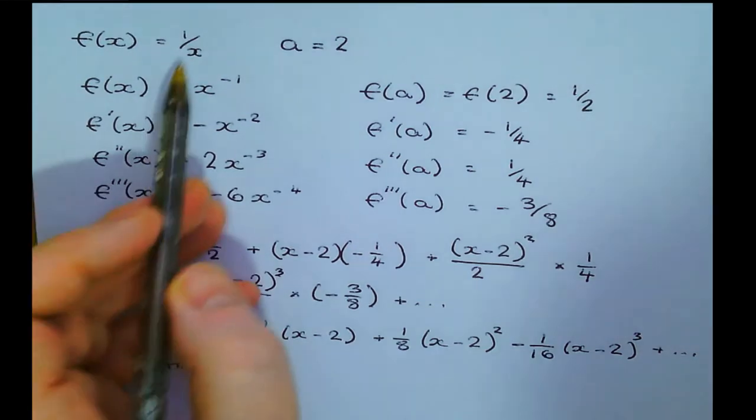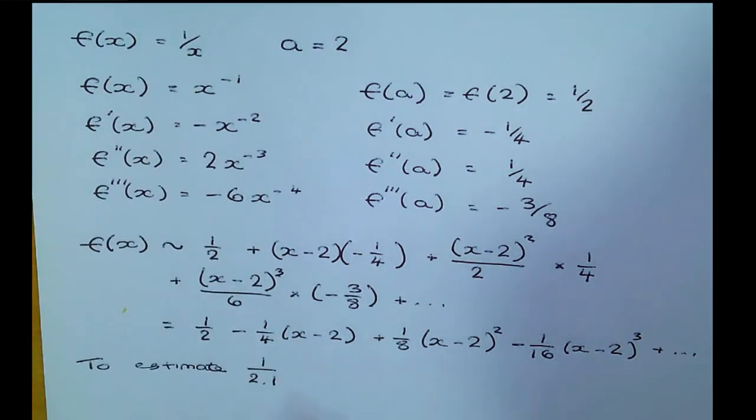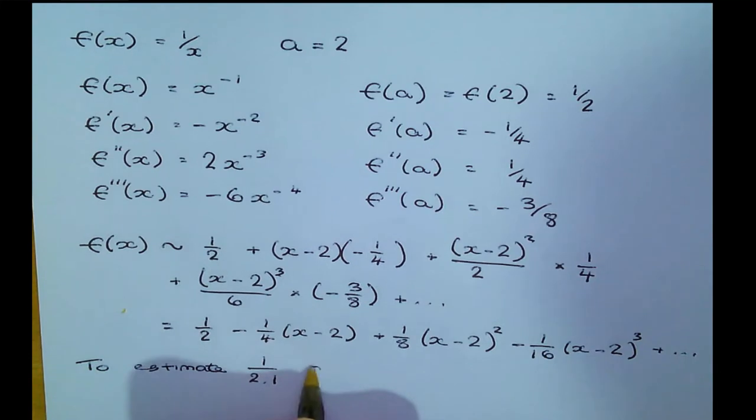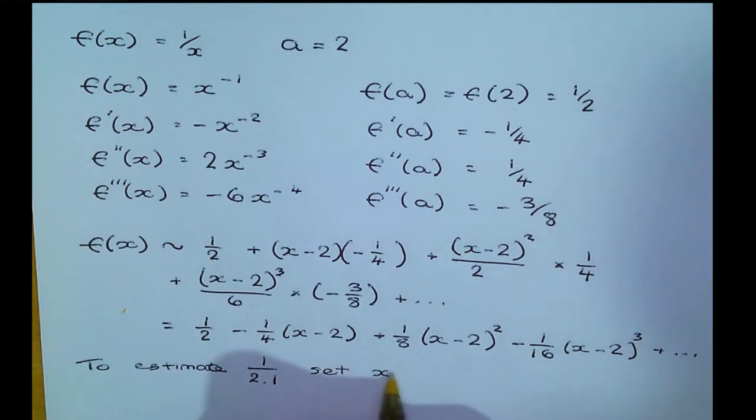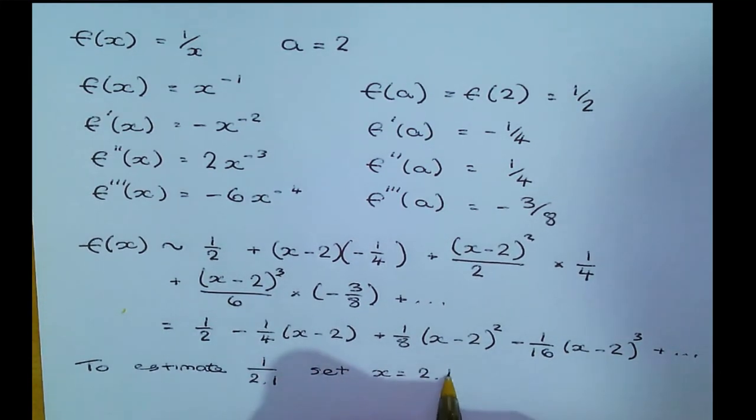Well, we have our function, which gives us 1 over x, so we just set x is equal to 2.1.